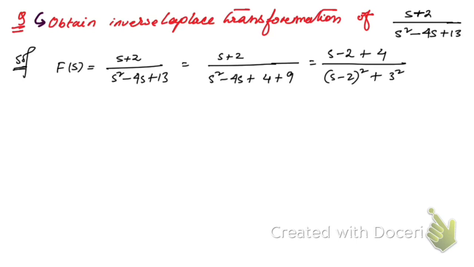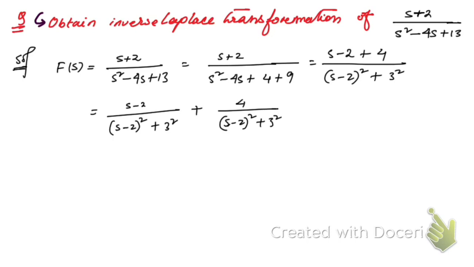Okay, so now here you see this is going to be equal to s minus 2 divided by s minus 2 whole square plus 3 square, then plus 4 by s minus 2 whole square plus 3 square.